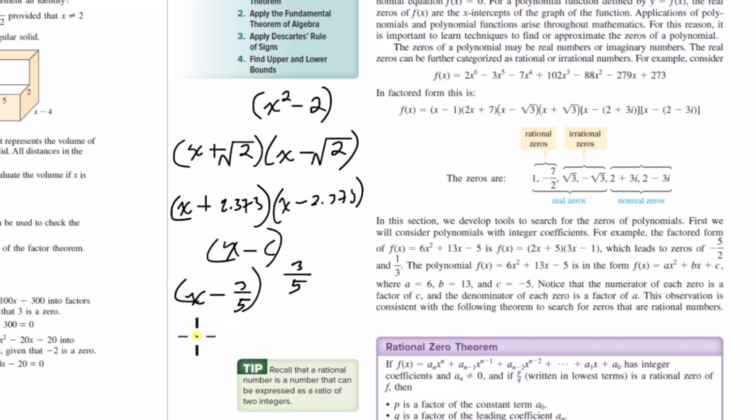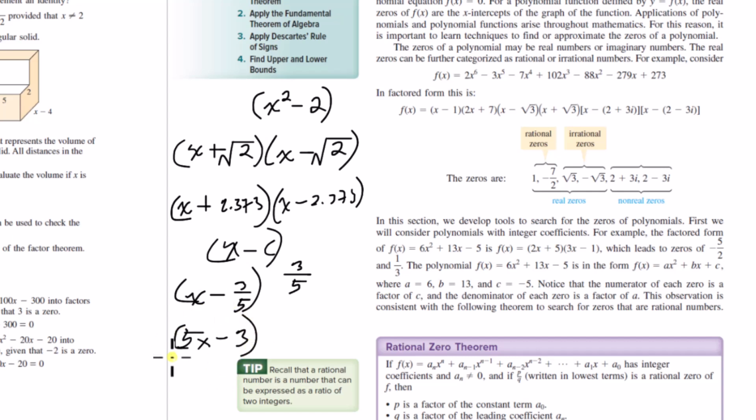That's a factor, but it's cleaner to write it this way: 5x minus 3. So you get the same 0. So just note, any rational number you can write in an integer form this way.